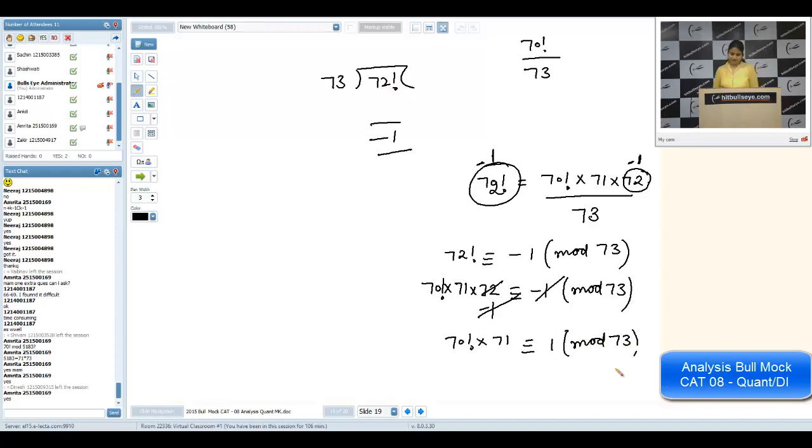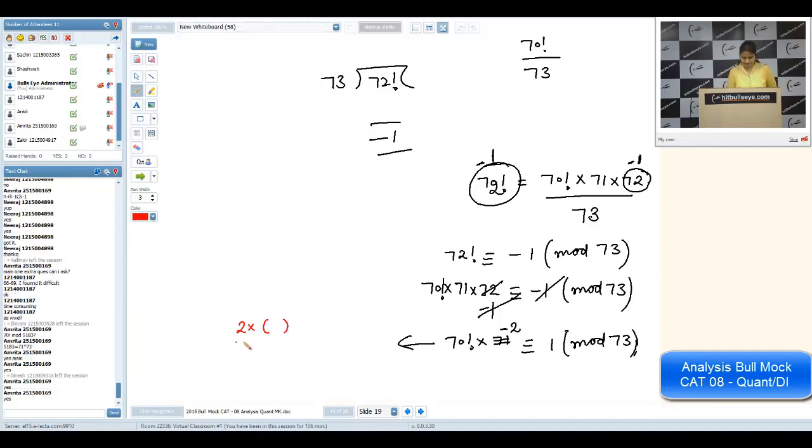Now here comes the problem. I can replace this 71 by minus 2. So now here comes the multiplicative inverse thing. Are you comfortable in number theory, Amrita? I'm calculating 2 multiplied with what, when divided by 73, will give you remainder one. I think 36.